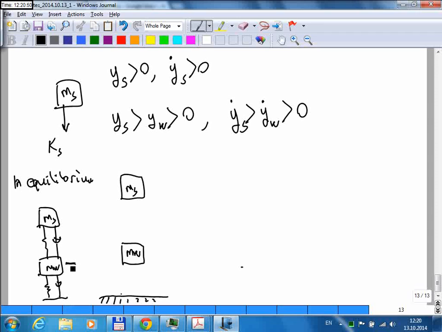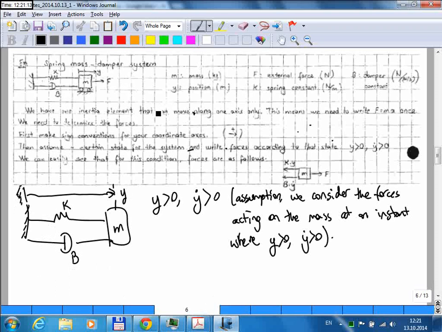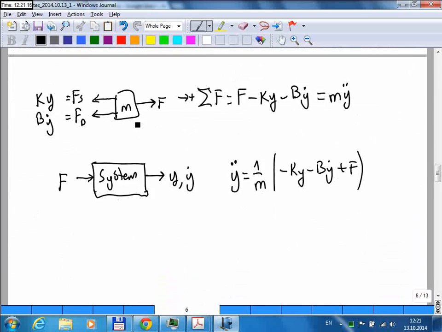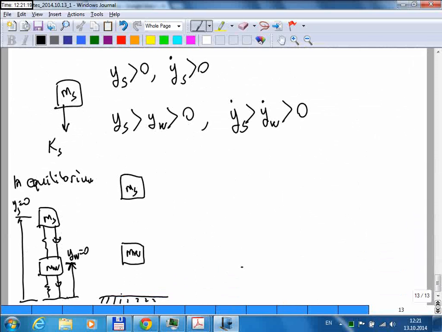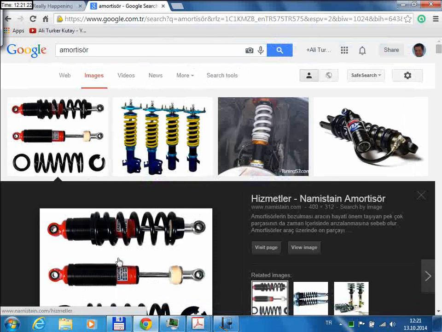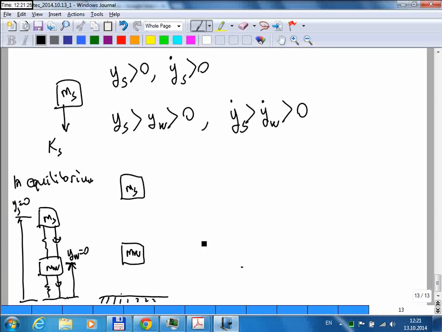I'm taking this as the 0 position for yw. Okay, so the equilibrium positions are taken as 0. So yw positive, and ys is also positive, but it's greater than yw.